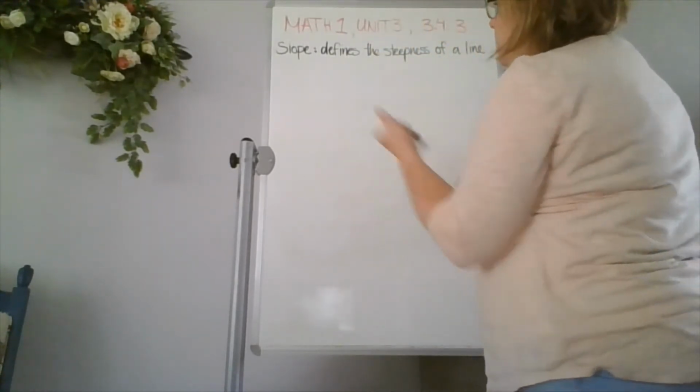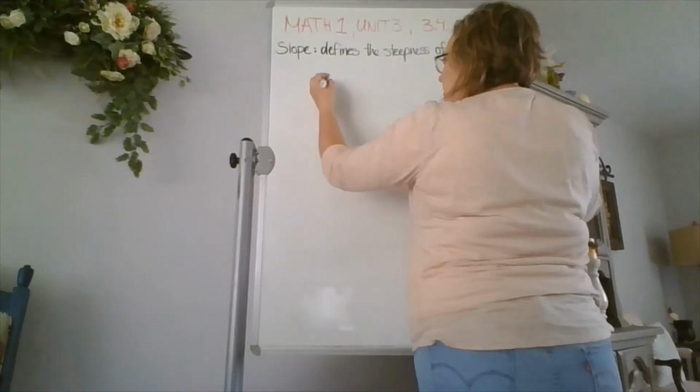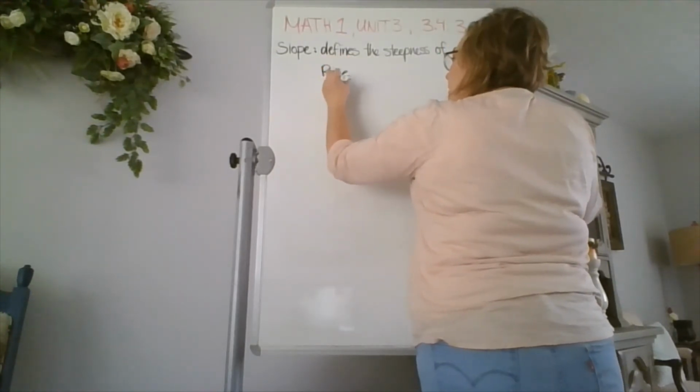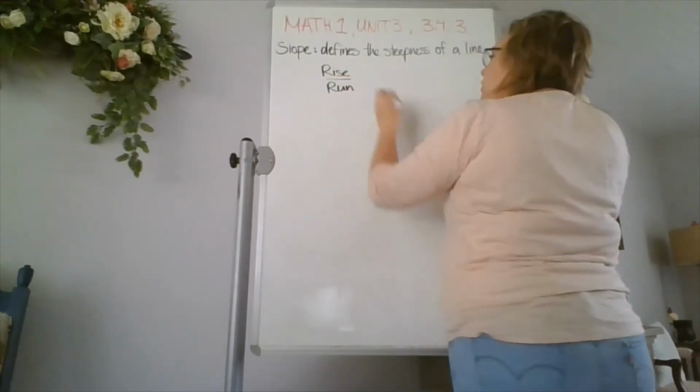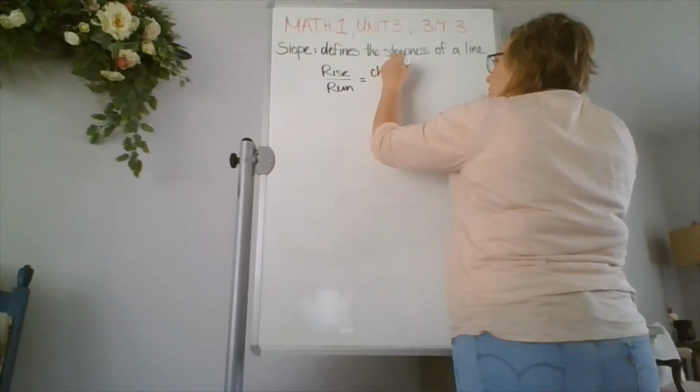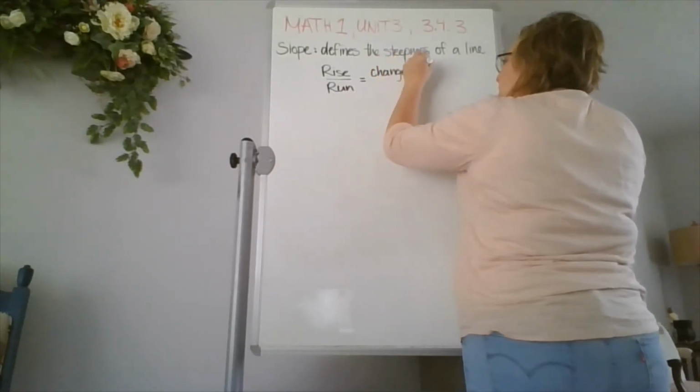And the slope of the line is rise over run. But that just means that it's going to be the change or the distance in the y.